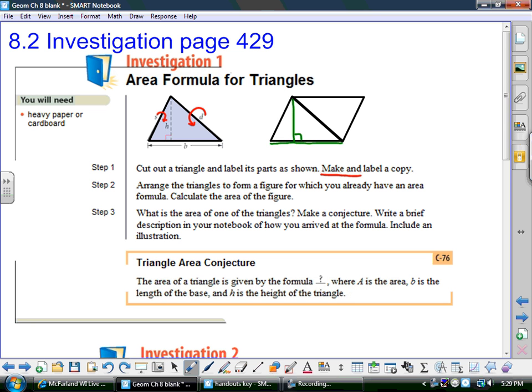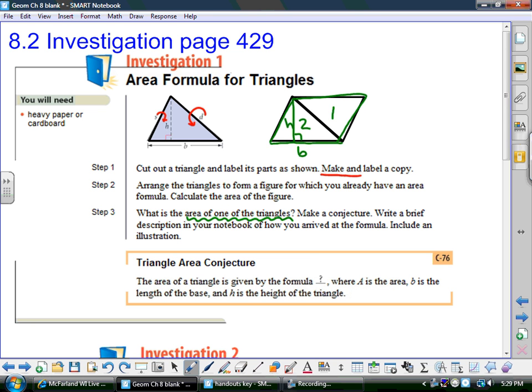But that parallelogram is not just the rectangle. The parallelogram is 2 triangles. So if I want the area of just one of the triangles, I'm going to do the area of the parallelogram, or base times height, and then I've got to split it in half because the triangle is only half of that big parallelogram.